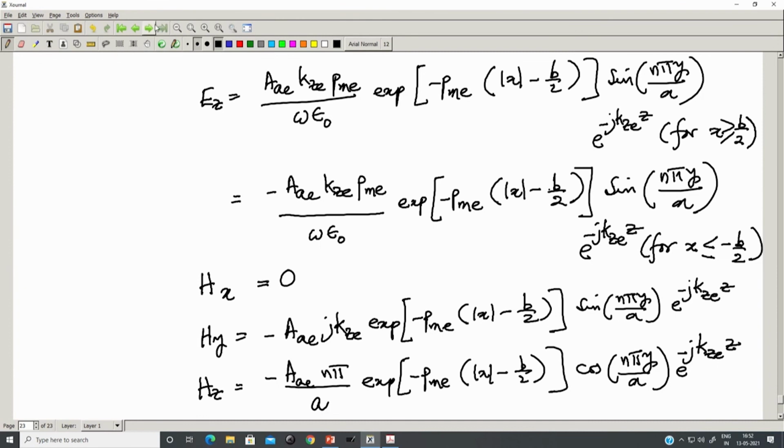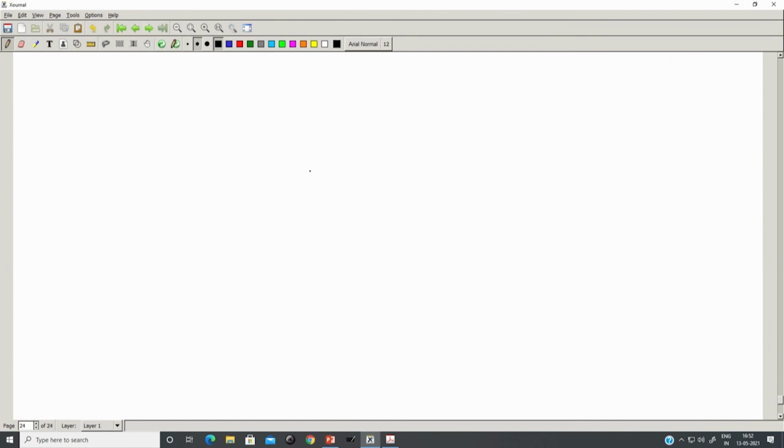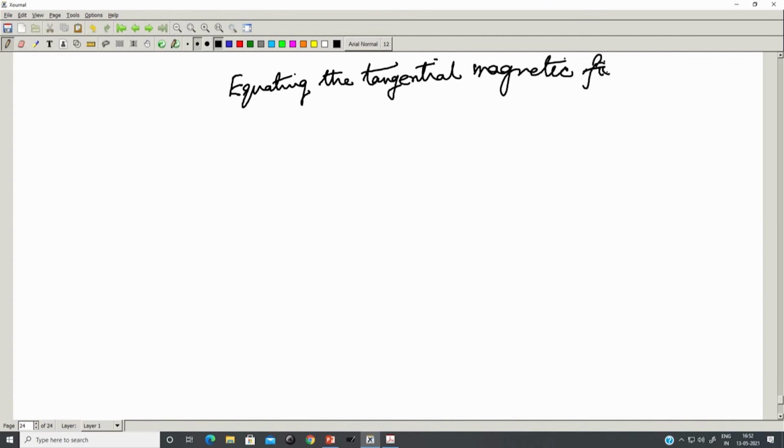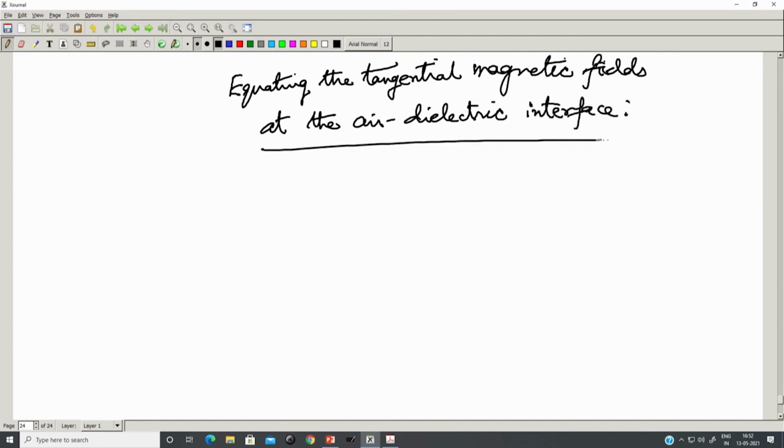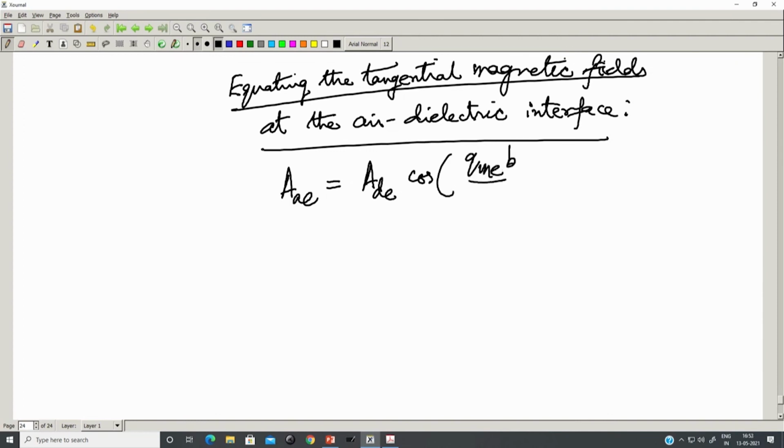Now, if we equate the tangential magnetic fields at the air dielectric interface, we will get, please verify again this expression, A A E is equal to A D E cos q m e b by 2.